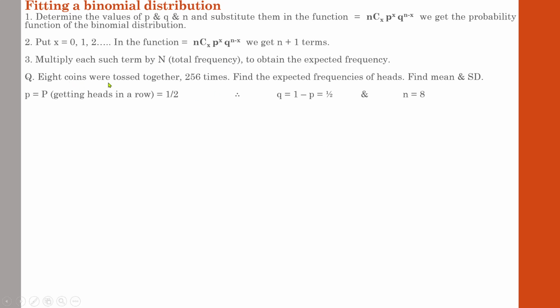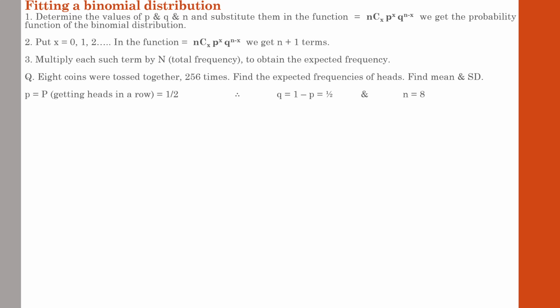It is said that 8 coins were tossed together. 1, 2, 3, 4, 5, 6, 7, 8. That means if 8 coins are tossed, what is the probability of getting 1 head out of 8? Next one, you might get 2 heads. You might get 3 heads. You might get 4 heads, 5 heads, 6, 7 and finally 8.